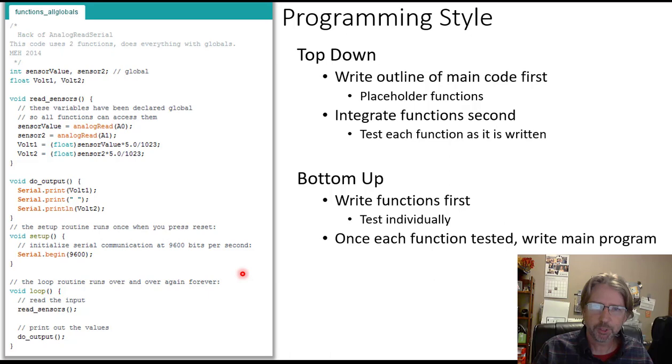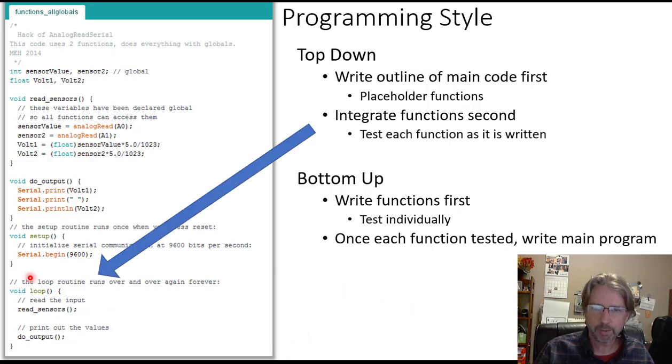So just to show you, here is one of the examples that we looked at with the global variables. If we were going to do a top-down approach, we would write this main skeleton first. We would put names for all of our functions, and then in order to compile it, we actually have to write these functions, but we'd write some placeholders that just say, I'm in the read sensors function, and print them out to the screen.